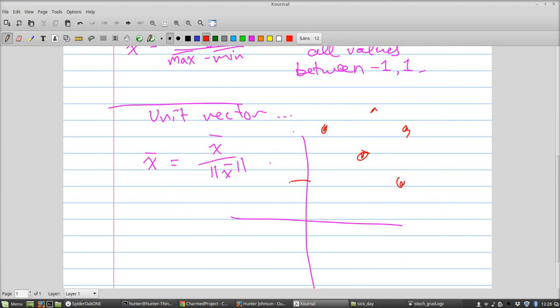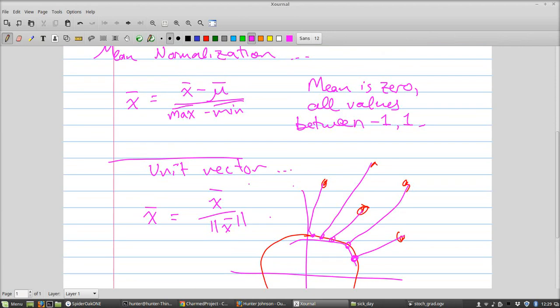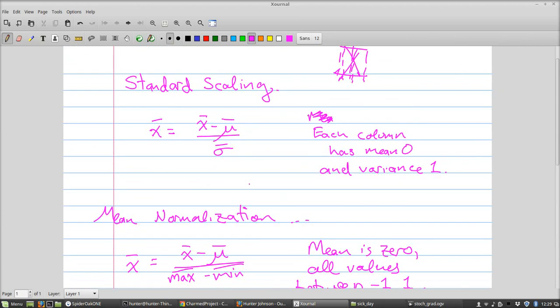What that does is project everything down onto a unit circle. So this becomes this, and this becomes this, and this becomes this, and this becomes this. This transformation just puts all the data on the unit circle in 2 dimensions, and it'll be the unit sphere in higher dimensions. Apparently this is useful for image manipulation. So you can play with those and implement them and try different things.